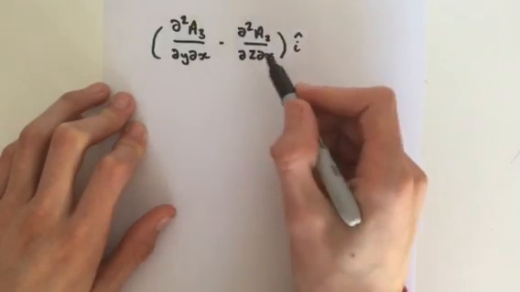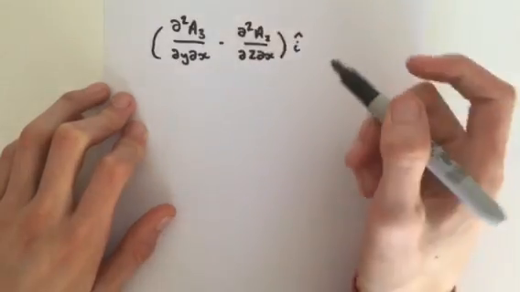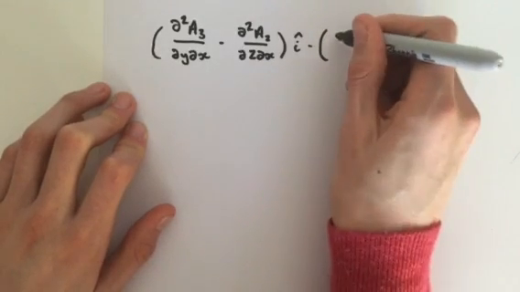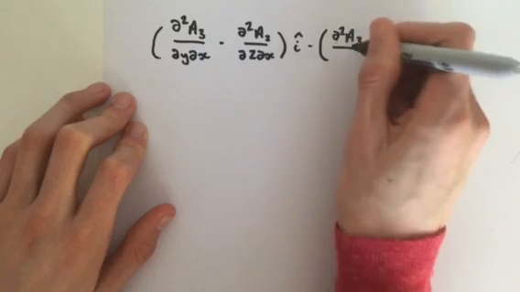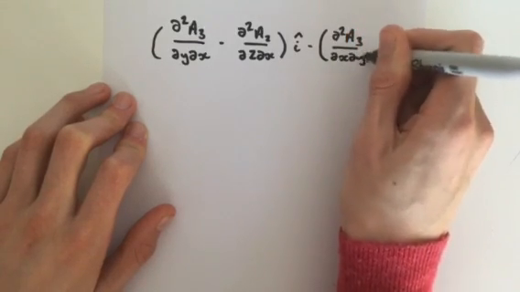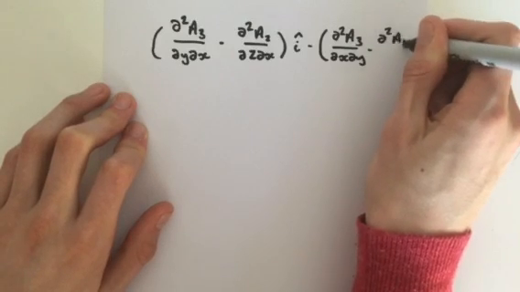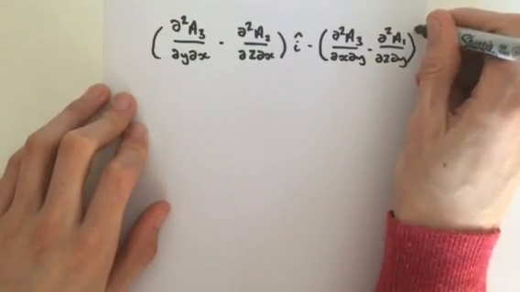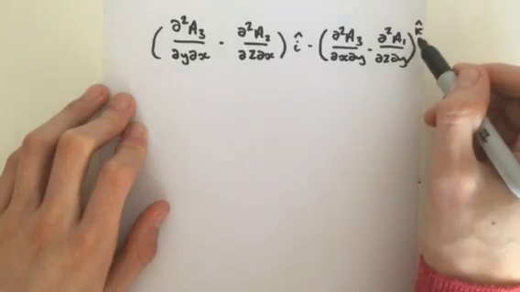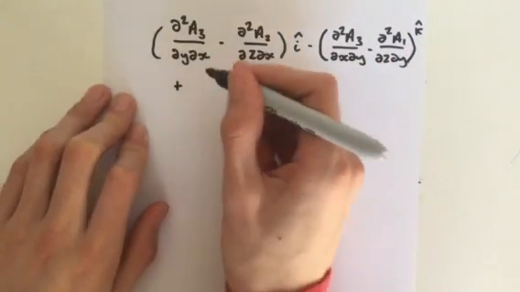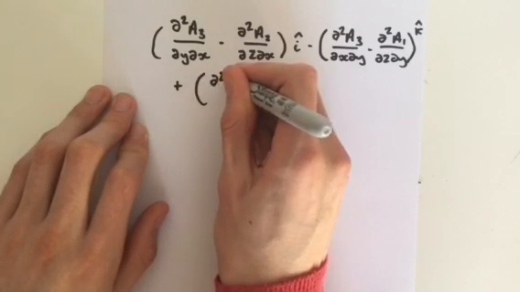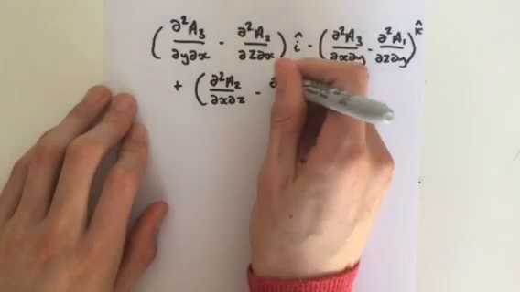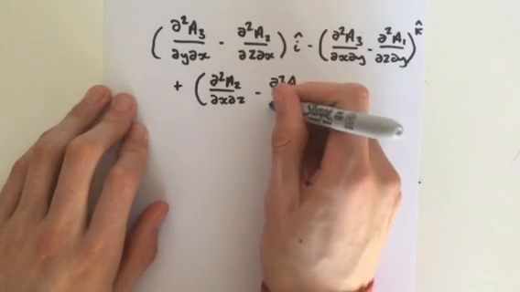We're simply taking the divergence now, and therefore we get our second order mixed partial derivatives. Then we minus the second partial of A3 with respect to x and y, minus the second partial of A1 with respect to z and y, times our unit vector k. And finally we add the second partial of A2 with respect to x and z, minus the second partial of A1 with respect to y and z.